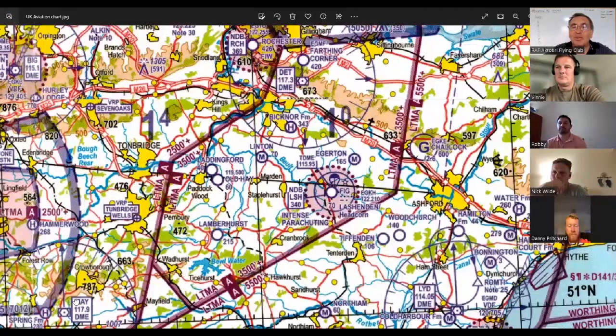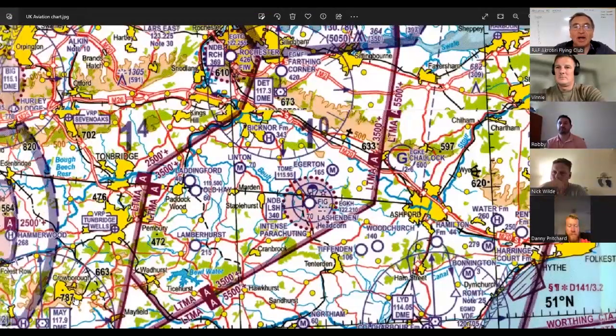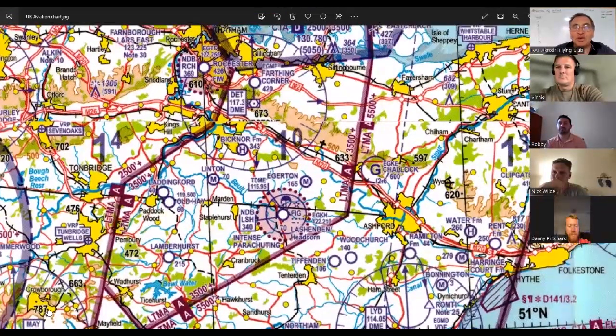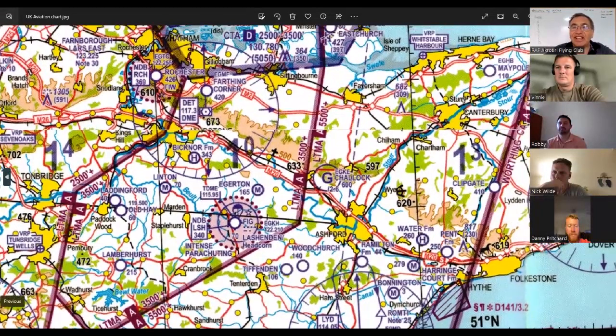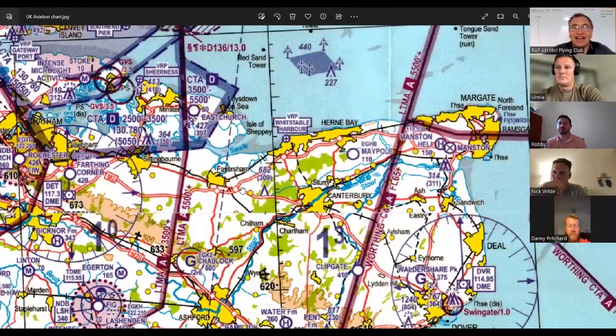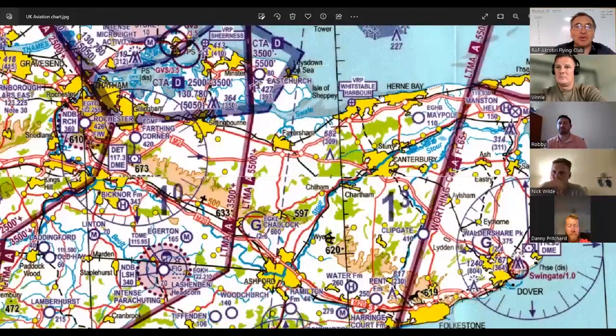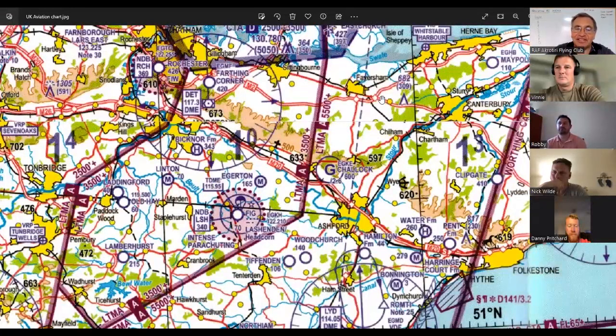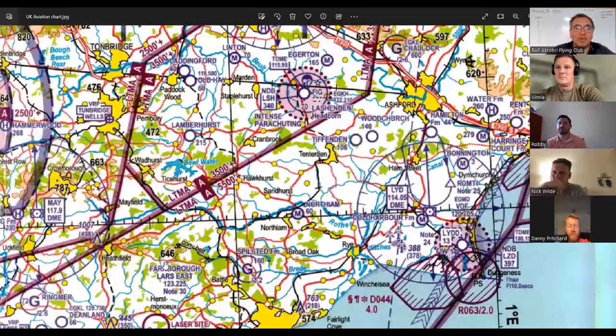So obviously, if we were planning a flight, we'd want to look at all this airspace very carefully and work out exactly what height we can fly at. And of course, we'd have to work out our climbs and descents to make sure that we stay clear of the controlled airspace.